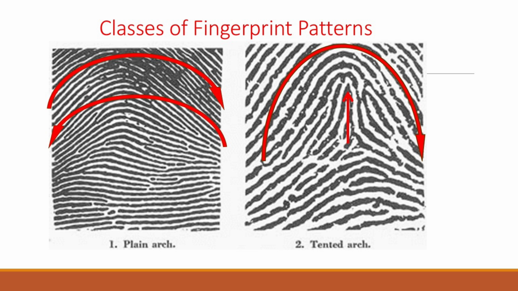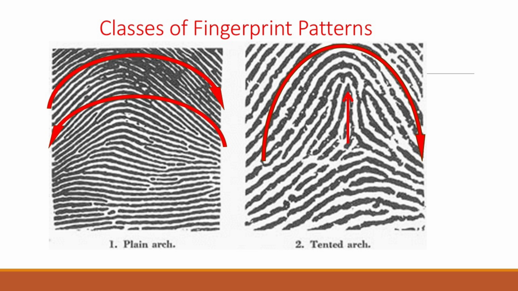The arch is the print that has all the lines moving in from the innermost lines, moving from one side of the finger to the other side of the finger, while lifting a little bit at the center. So it's like a wave. Look at the screen.